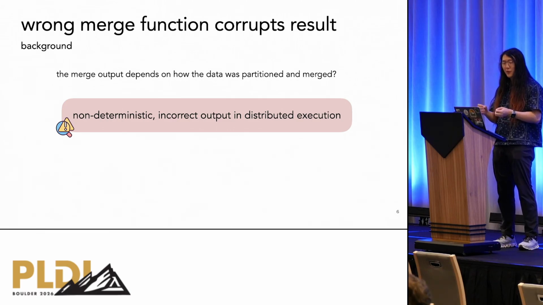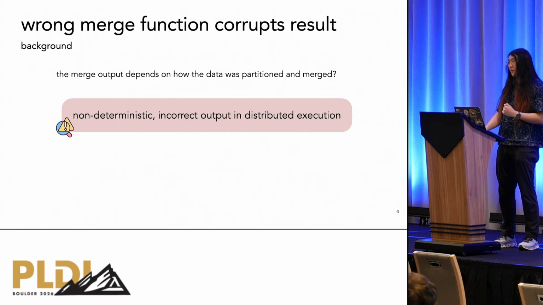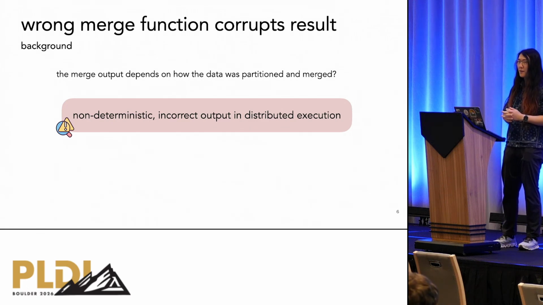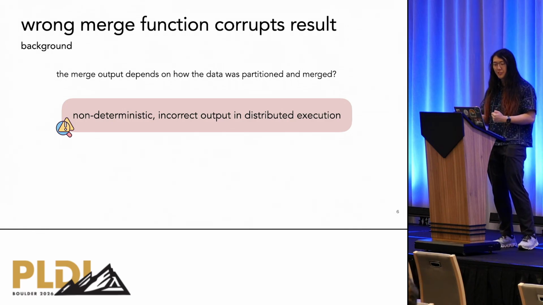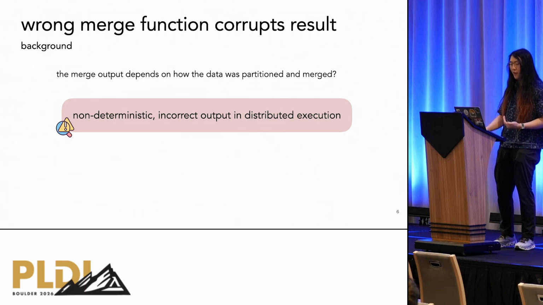That means depending on the order in which you merge the intermediate state buffers, you get a different output. In distributed execution, we don't have control over the order in which all the intermediate state buffers are merged. In that case, that might give you incorrect output.